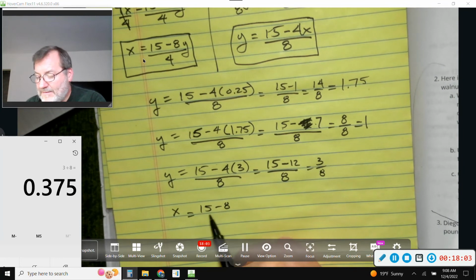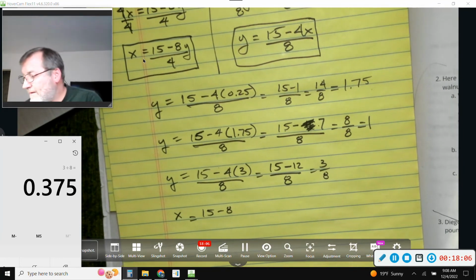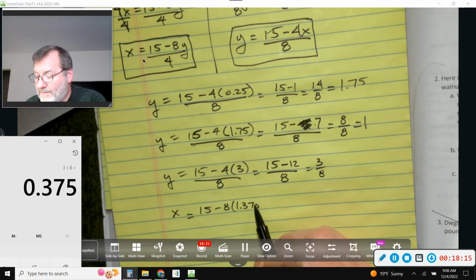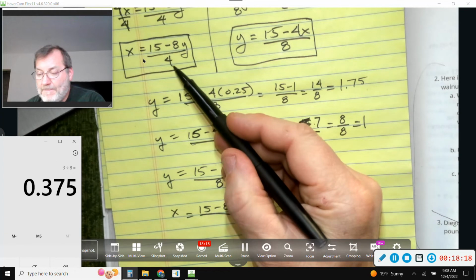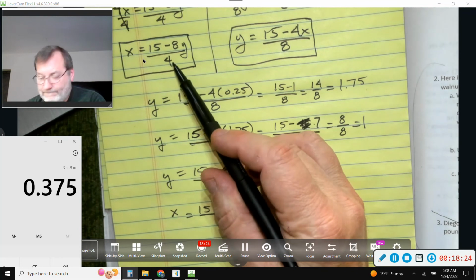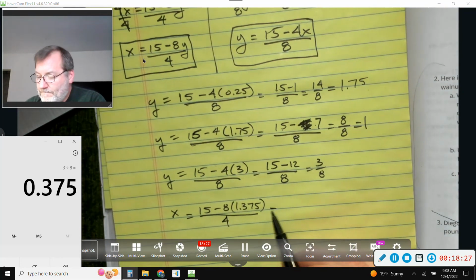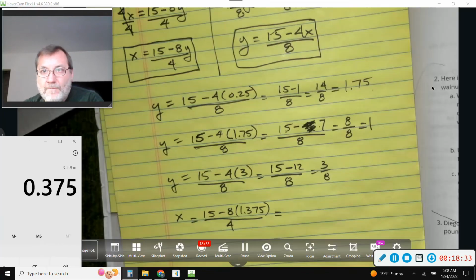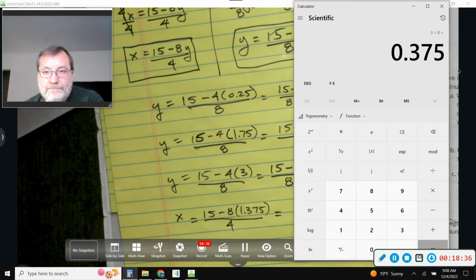15 minus 8 times, and this first one, they're saying that the pounds of walnuts is 1.375, everything divided by 4. Okay. Alright, and let's see. 8 times 1.375 is 11.